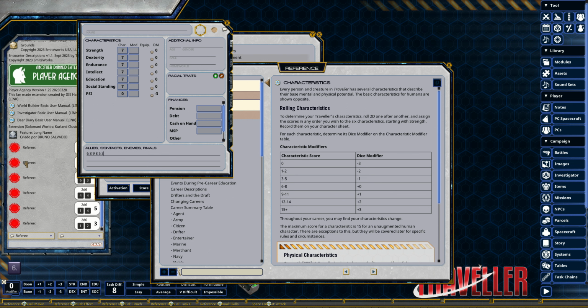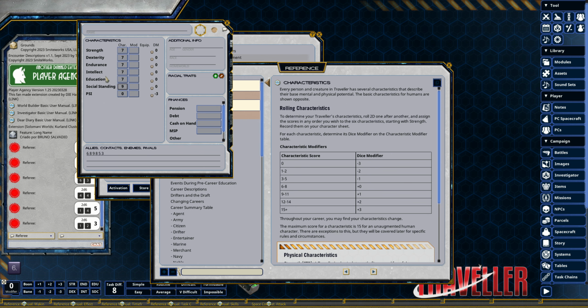Okay, so, a 3. So we've got 6, 8, 9, 8, 5, 3. So we can put those stats in any of these abilities that we want, or characteristics that we want. So let me kind of think of what I want to play. Let's say I'm going to play a merchant. So social standing is kind of the same thing as charisma, so we're going to put the 9 in that.